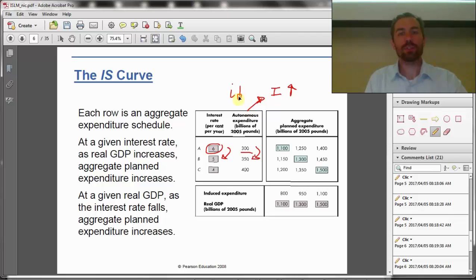So as our interest rate goes down, our aggregate expenditure curve is shifting upwards because autonomous expenditure is increasing, which means that as the interest rate goes down, our equilibrium level of aggregate planned expenditure is going up.